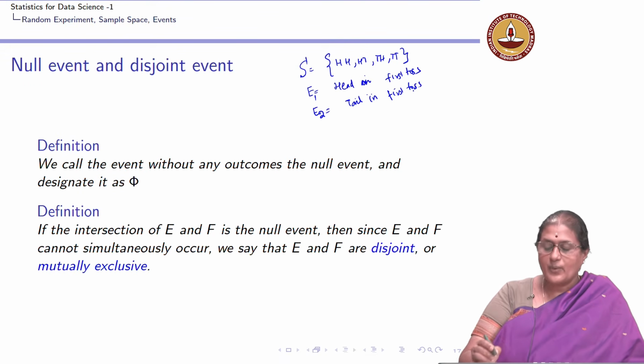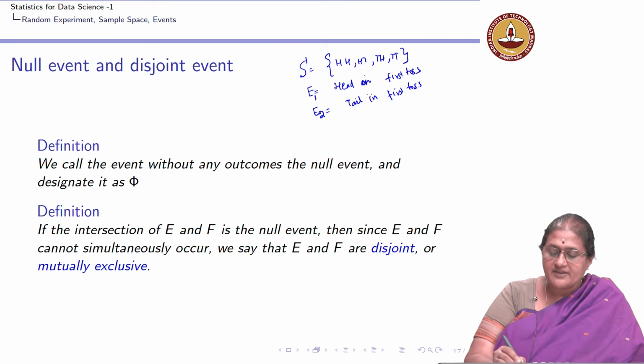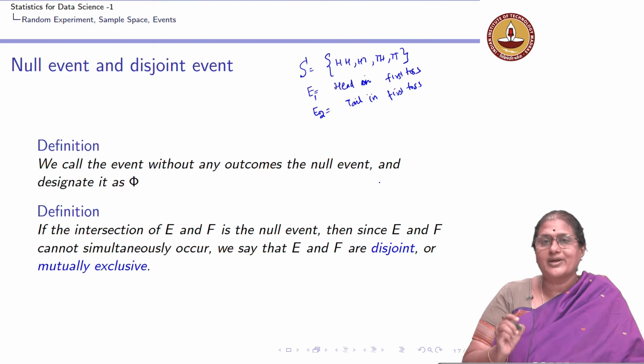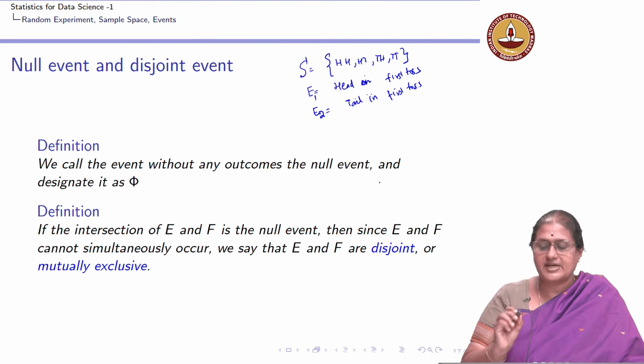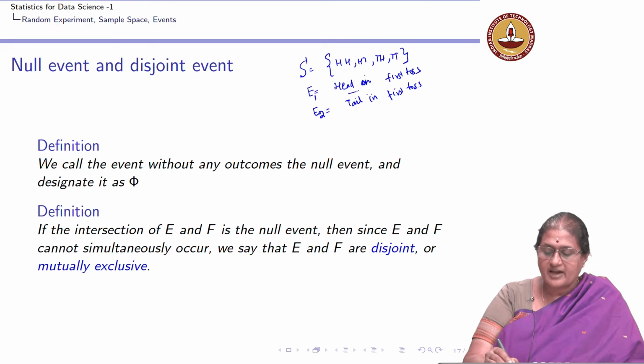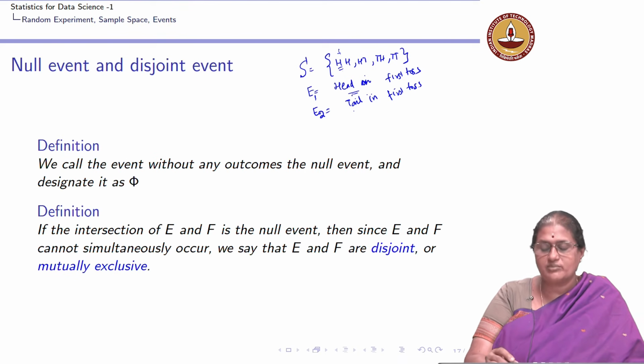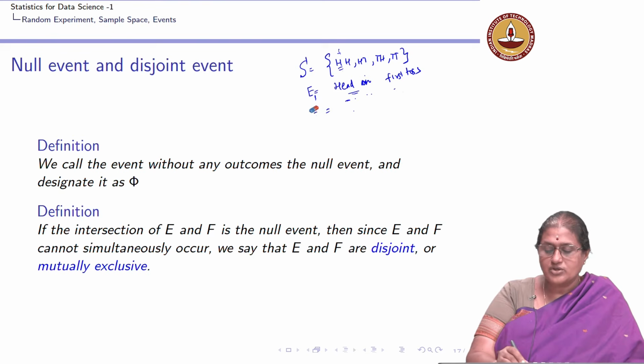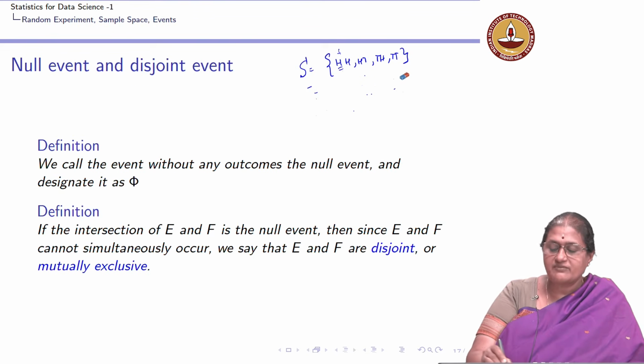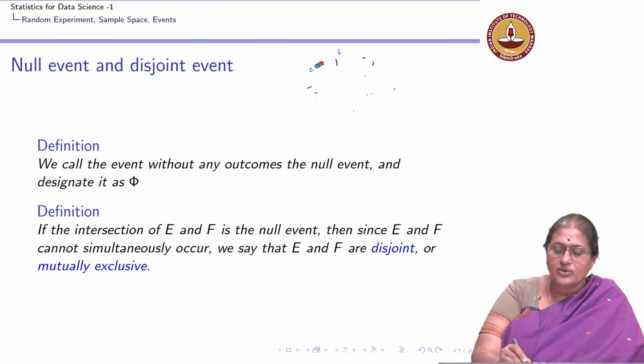Now, I know that these events E1 and E2 cannot happen at the same time, because if I have a head in my first toss, I cannot have a tail also in my first toss. So, there are events which cannot occur together.